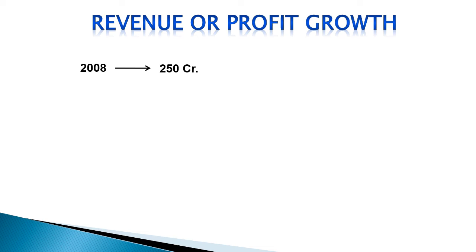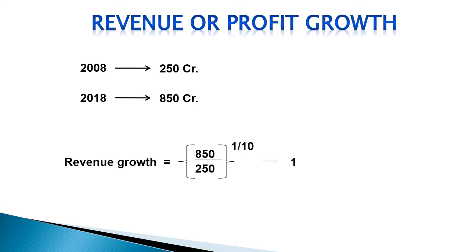In 2018, its revenue increased to 850 crores. Then the revenue growth rate can be calculated as 850 divided by 250, whole raised to 1 by number of years, that is 10. Then subtract 1 from the resultant. That will give you 0.13 or 13%.